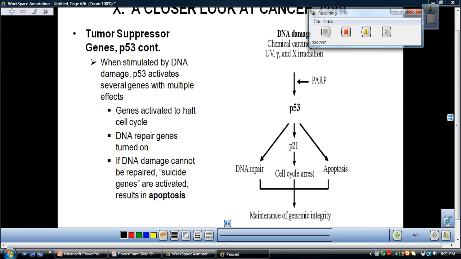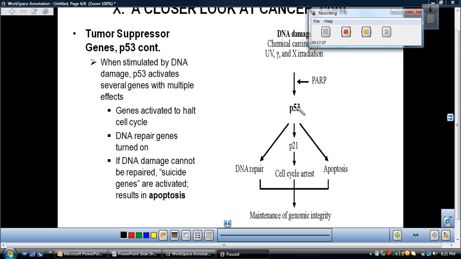In addition to that, P53 also activates the expression of a group of microRNAs, which in turn inhibit the cell cycle, and it can also turn on genes directly involved in DNA repair. So there's a lot of fixing of DNA that can happen from this P53 gene. When DNA damage is irreparable, you can see this line over here, then it will lead to apoptosis, which is programmed cell death.